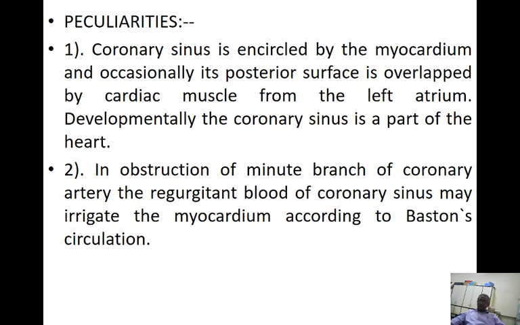In obstruction of a minute branch of a coronary artery, the regurgitant blood of the coronary sinus may irrigate the myocardium according to Ashton's circulation. So, in some cases where the minute branch of the coronary artery is obstructed, the blood that is regurgitated from the coronary sinus may irrigate the myocardium according to Ashton's circulation.